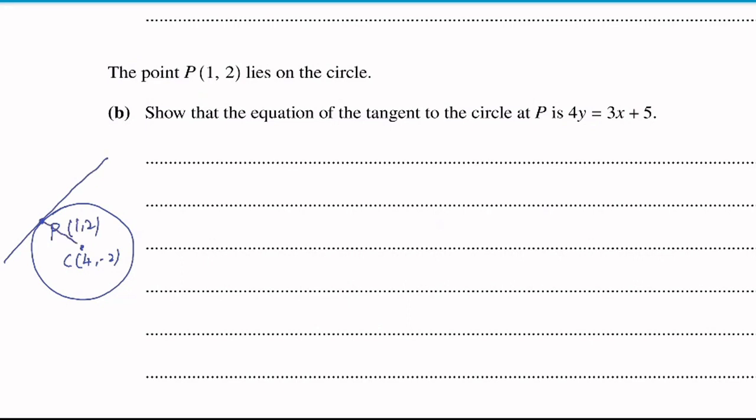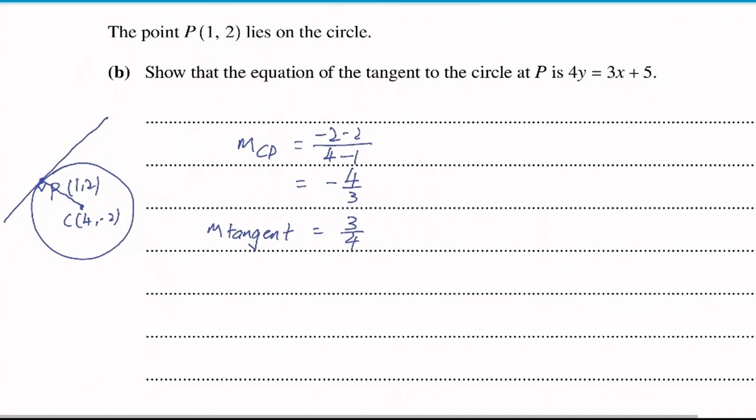So first is to find the gradient of CP here. So to find that, we get -4/3. So this is the gradient of CP, and the gradient of the tangent follows from it. So this one you should already know how to do very well. Okay, so this is the gradient of the tangent, and we look at the tangent line.